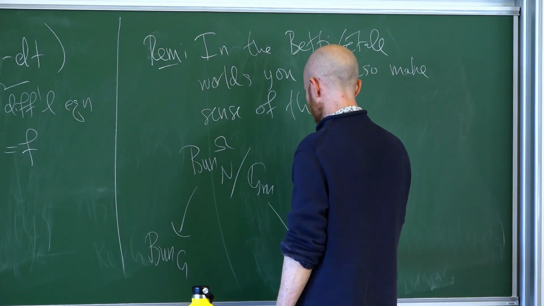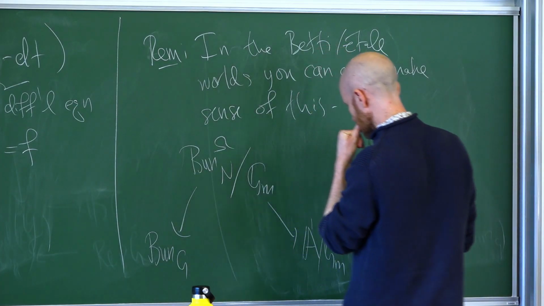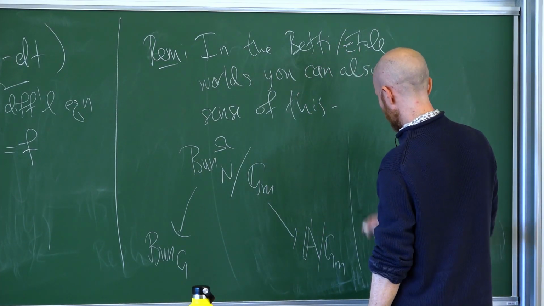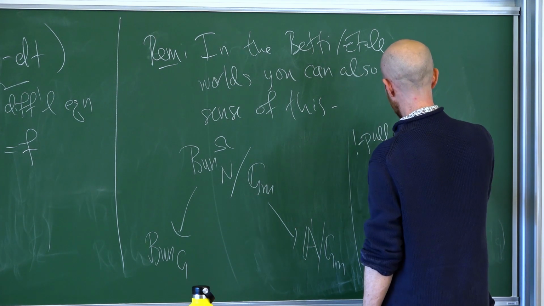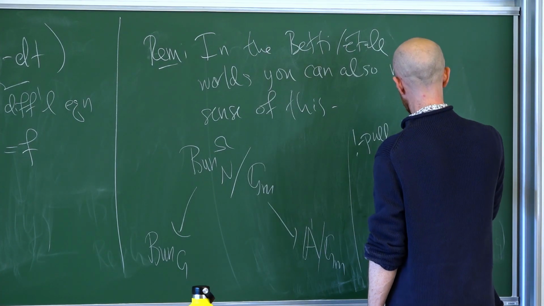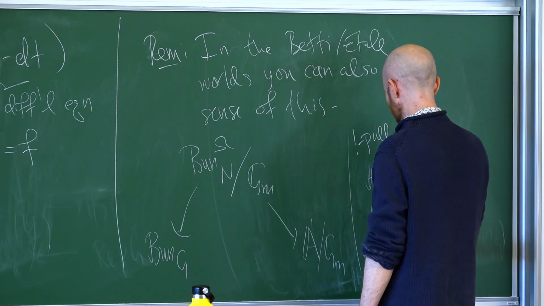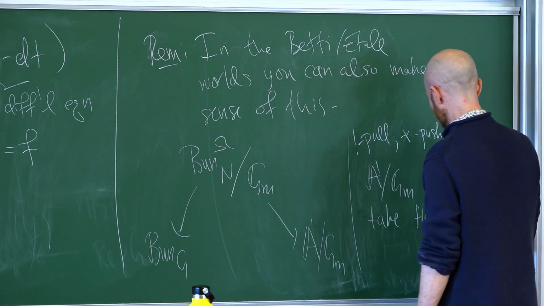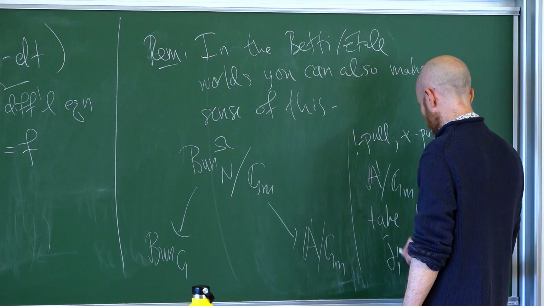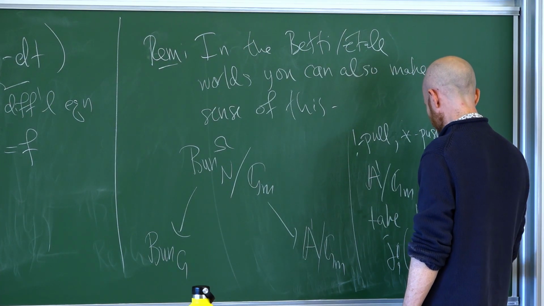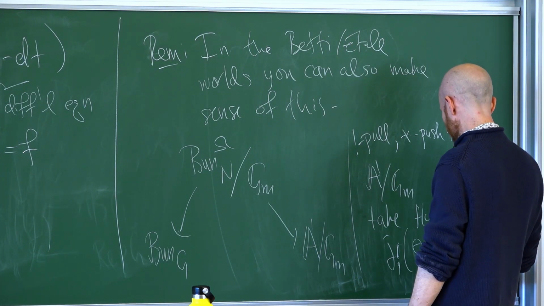This now maps to Bun_G, and this now maps to A1 mod Gm. And so what I'm going to do is pull and then push to this A1 mod Gm, and then I take Hom from j lower shriek of the constant sheaf on Gm mod Gm on the point.